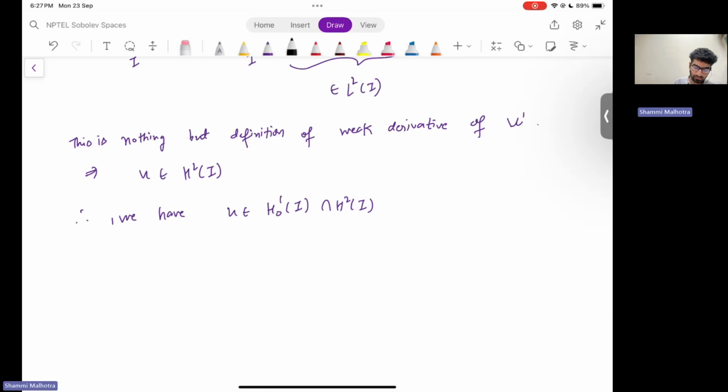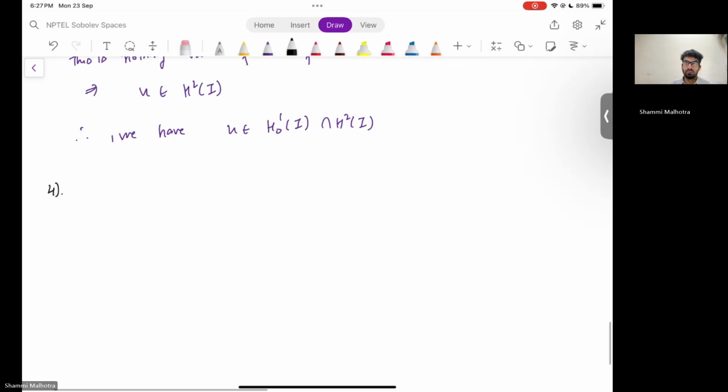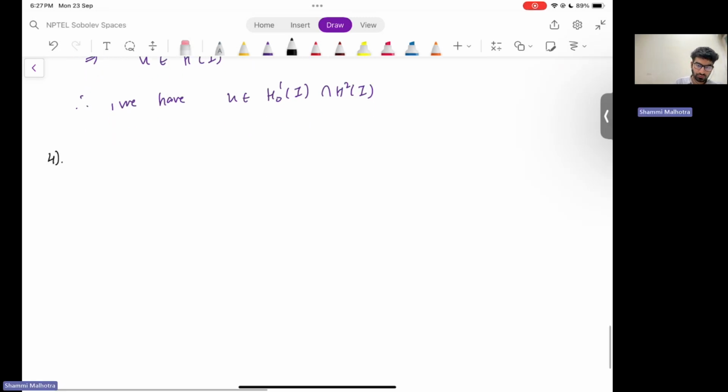The next part we would like to show is this. The solution we get from this Lax-Milgram lemma has one deficiency, and that is that we still cannot claim that this solution is non-trivial.